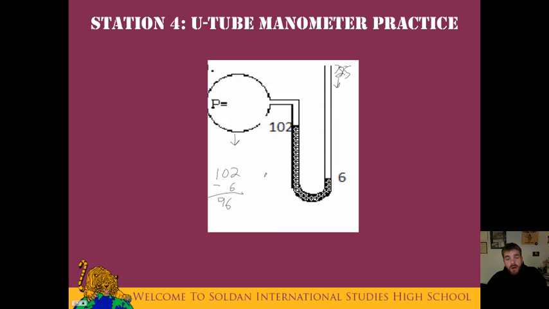The bulb is lower, so 725 minus 96 gives us 629 millimeters of mercury. Again, the pressure in the room is higher, so the bulb must be lower.